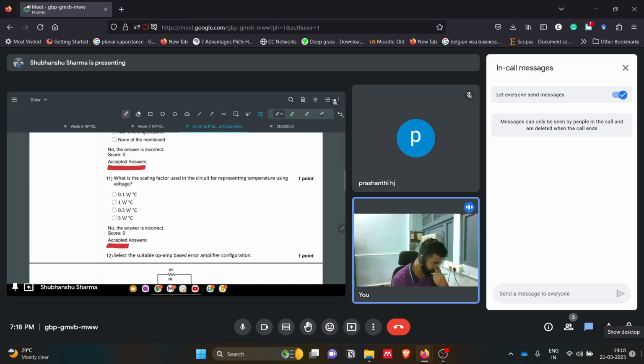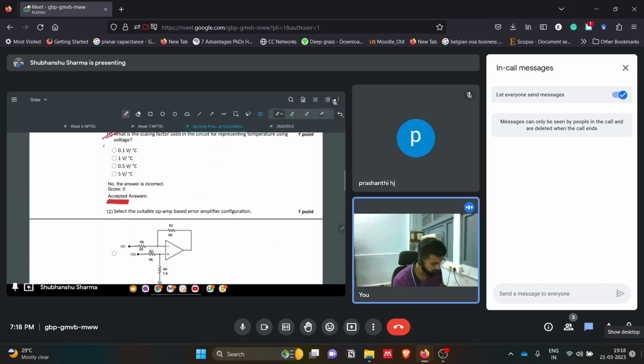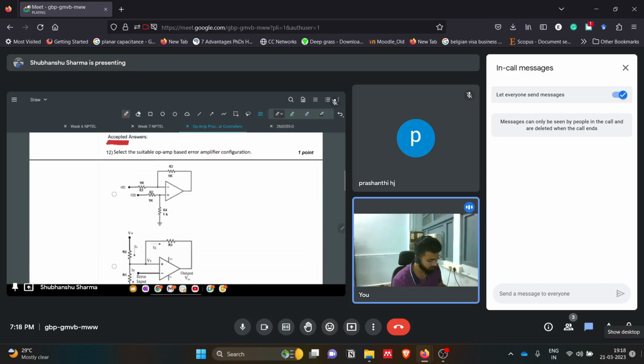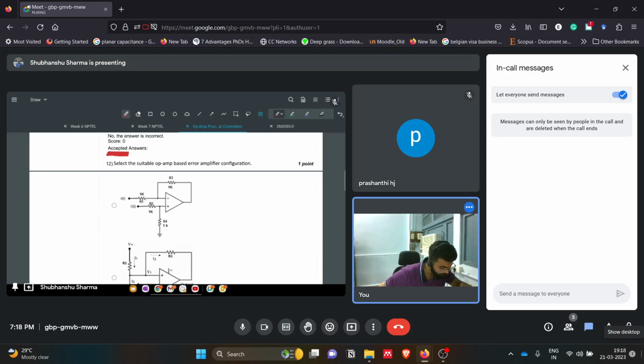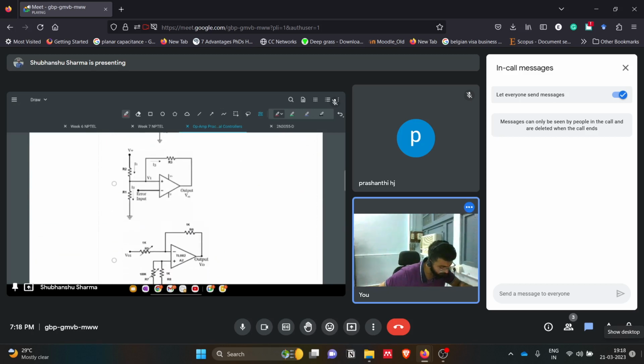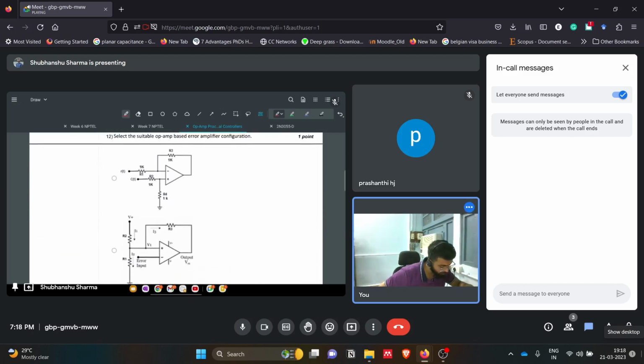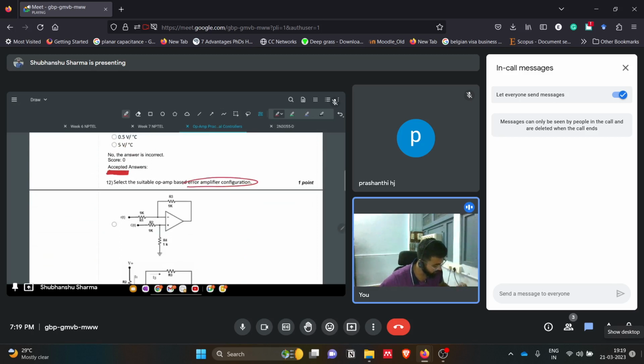What is the scaling factor used in the circuit for representing temperature using voltage? This is a straightforward question. Next, select the suitable op-amp-based error amplifier configuration. We are talking about the error amplifier; basically, the circuit we were using was the error detector.